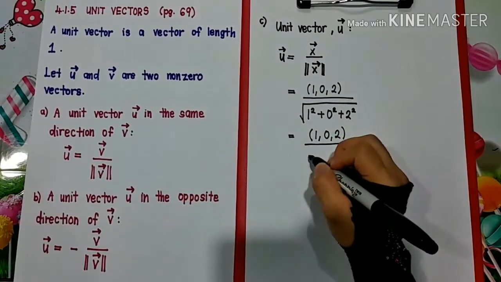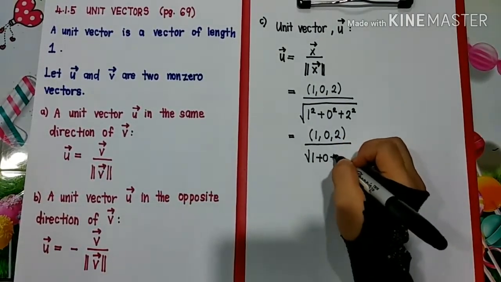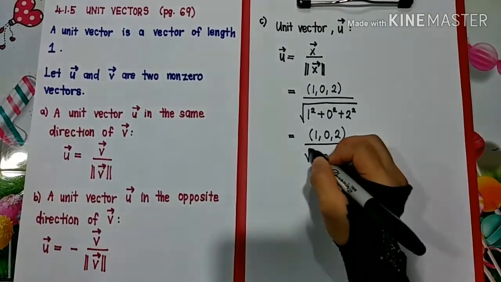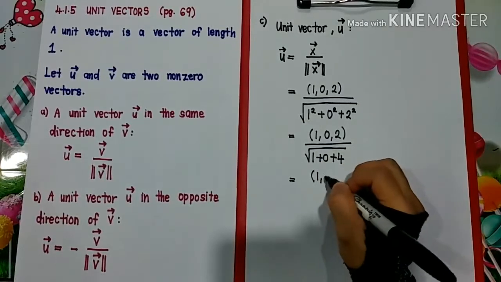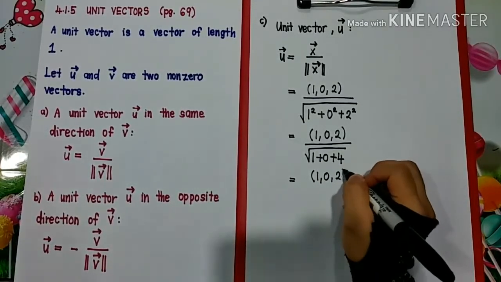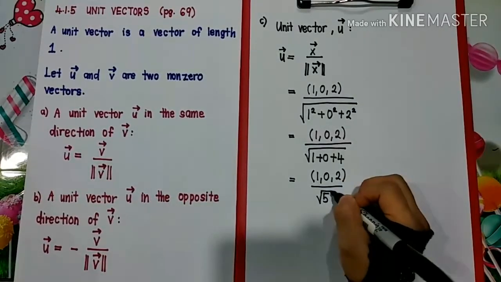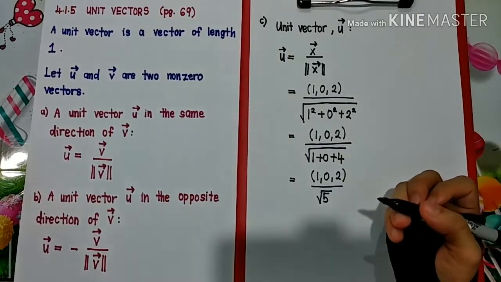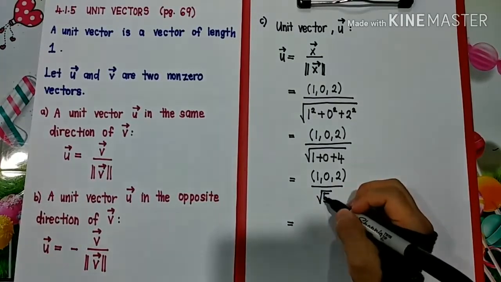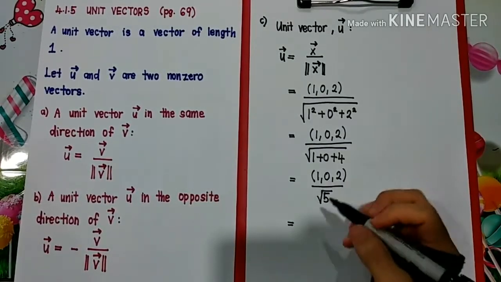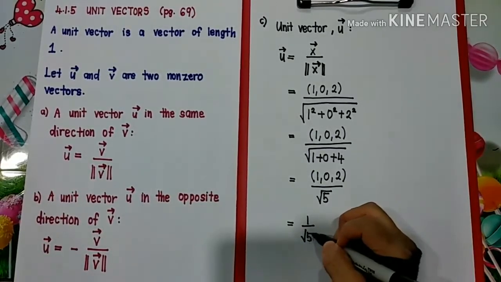What will you get here? 1 plus 0 plus 4, so you will get square root of 5. So now you can solve. 1 here you divide with this one, or actually, you can put it as a scalar multiplication.